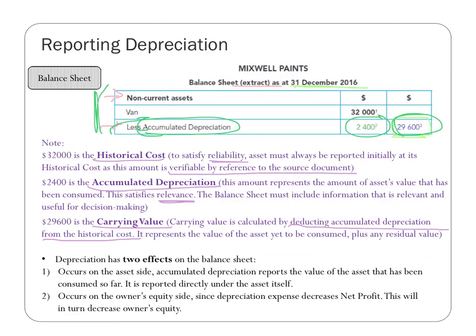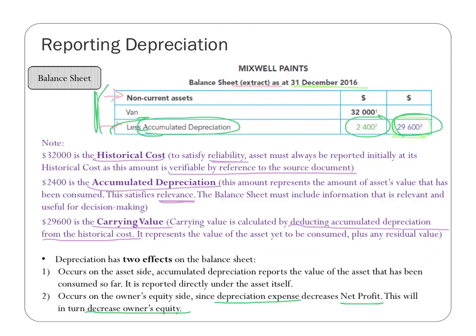Now, on the owner's equity side, which is not shown here, let's think back to depreciation expense. When we reported our income statement, depreciation expense reduced our net profit, and this in turn reduces our owner's equity.